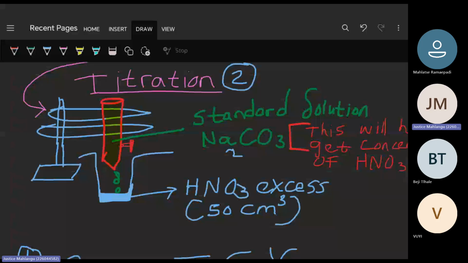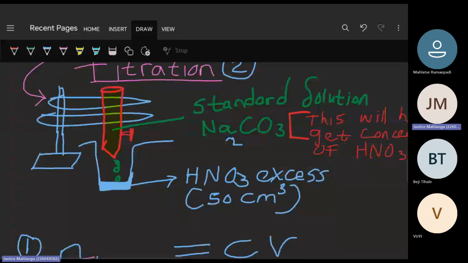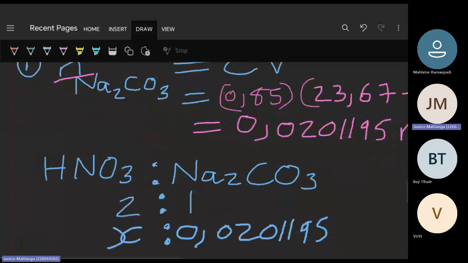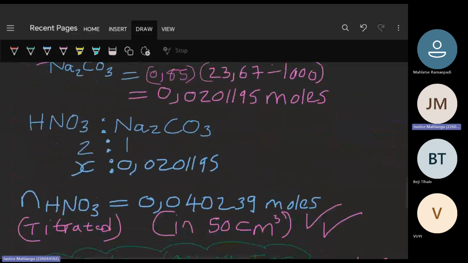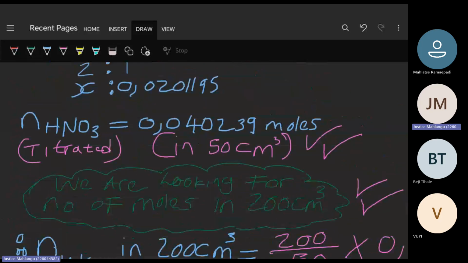So the standard solution helped us get the number of moles of this excess in 50 cubic centimeters. Now that we've got that, we don't want the number of moles in 50 cubic centimeter, but the number of moles in the original beaker, the first beaker.